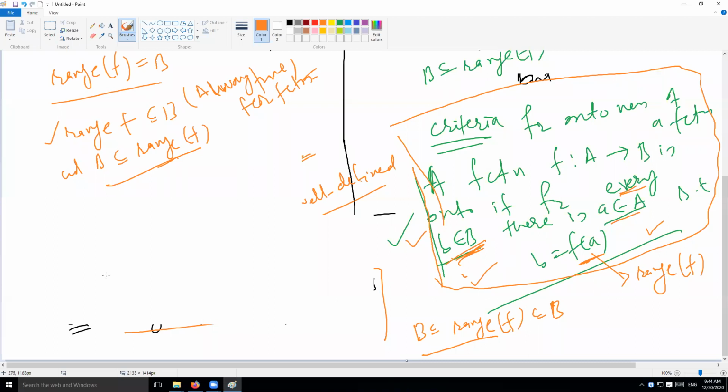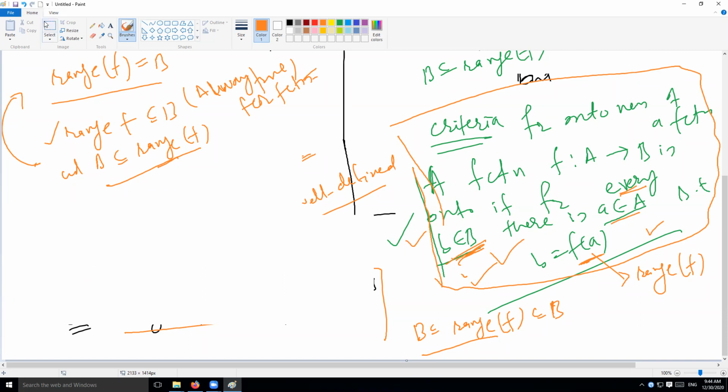So this means that B must be a subset of range of f, and since range of f is always a subset of B, this proves that range of f is equal to B. Whenever you want to prove a function onto, prove this. If you can prove this, it is enough to show that the range of the function equals the codomain. बस ये करना है आपने.